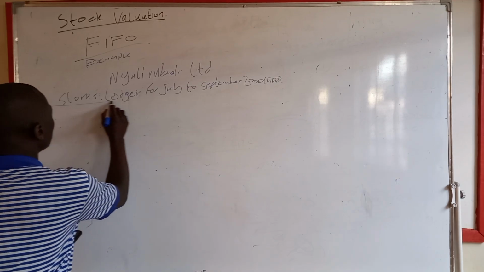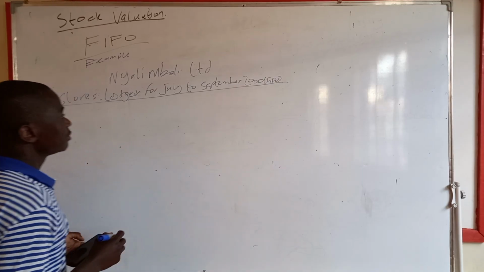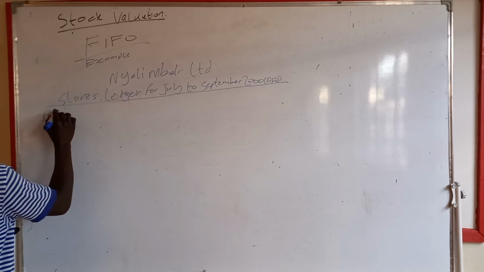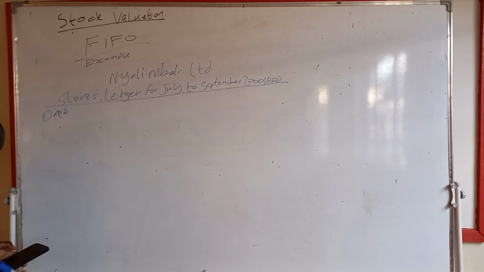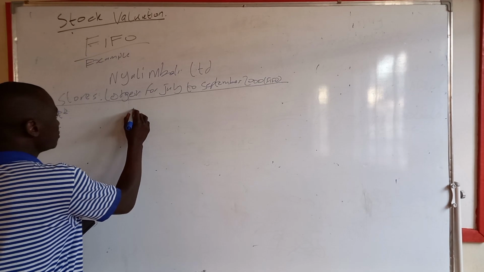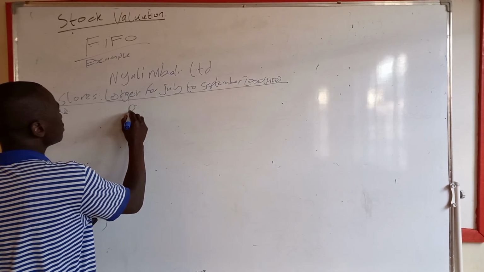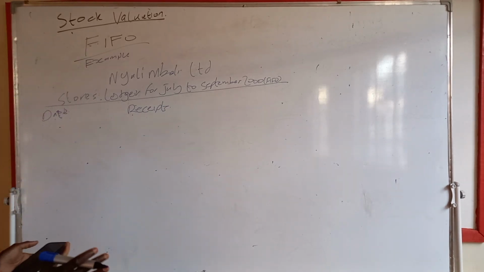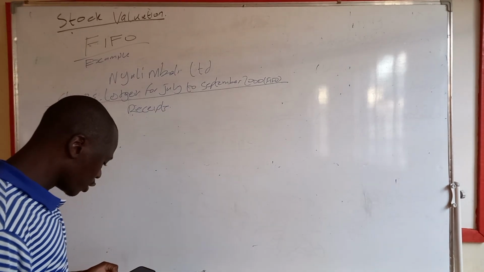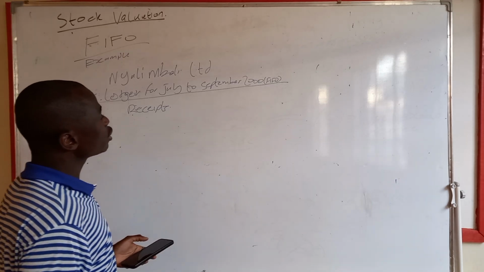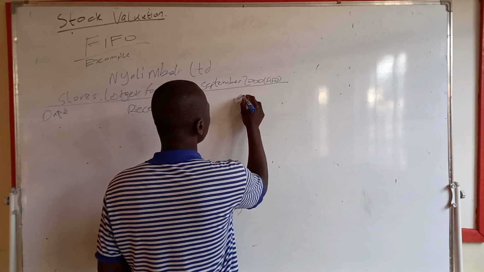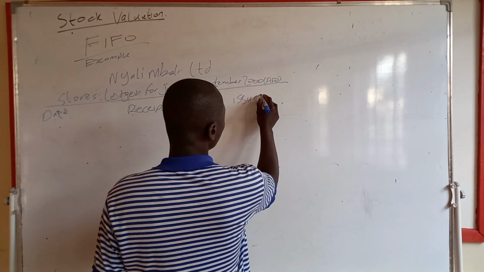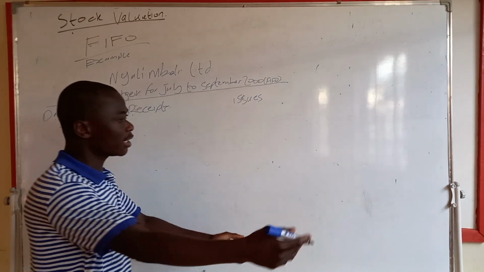Now, these are what you must know about a store ledger. A store ledger must have a date. Okay? A store ledger must have a receipt, daily receipt. This is what is coming in. Then it must have what is going out, that is issues. What you give to the customer.